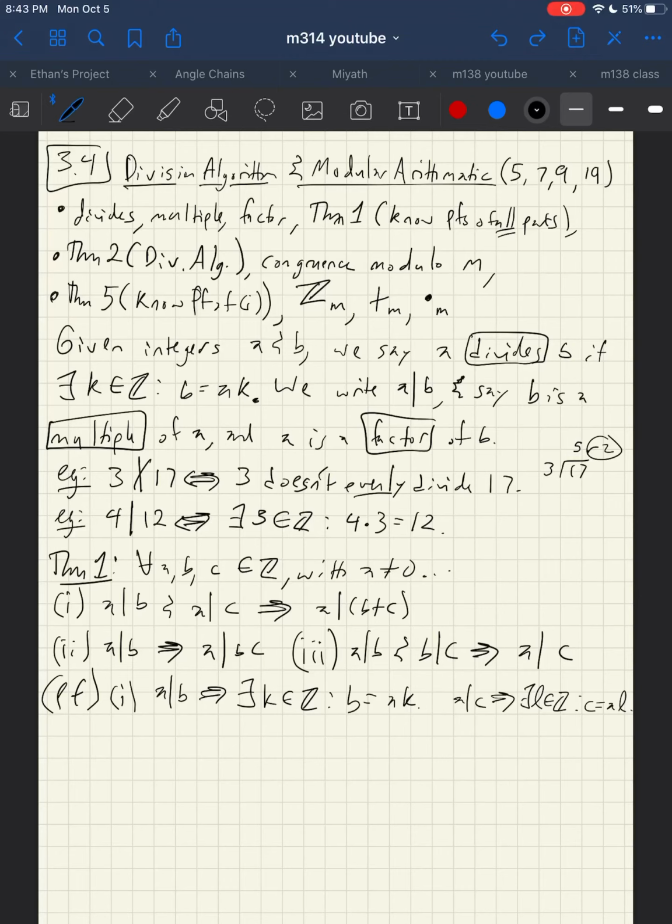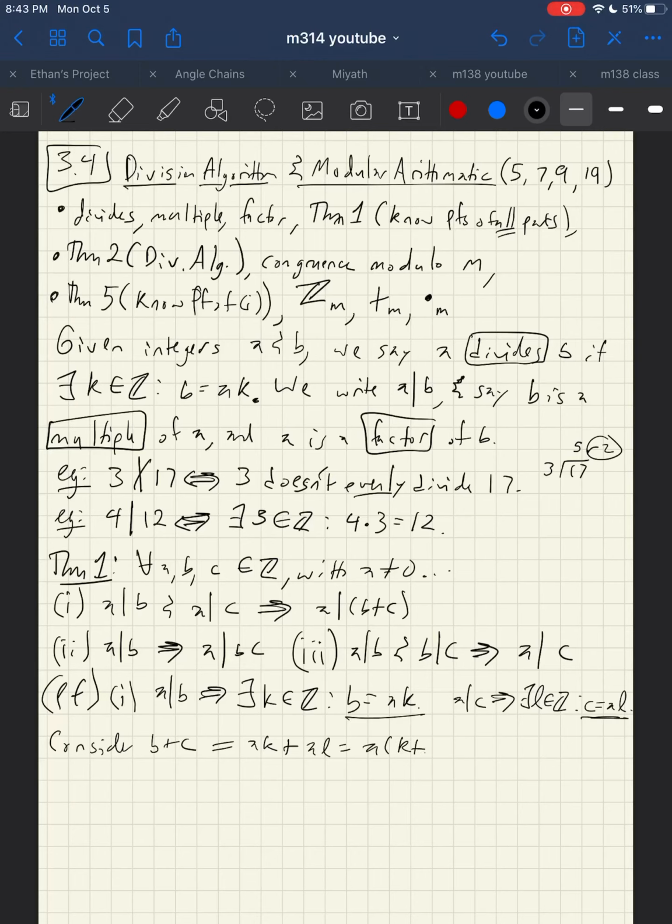Now, remember what we do when we've written everything down that we know. We're going to imagine that we're at a really cool party. And what do we do at a really cool party? We consider quantities. We're going to consider the quantity b plus c. Well, b plus c is equal to ak, I'm substituting in, plus al.